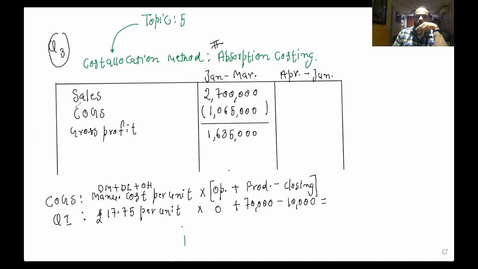Minus non-manufacturing cost. So this non-manufacturing cost, we have two types of non-manufacturing cost, which is variable non-manufacturing cost and a fixed non-manufacturing cost.